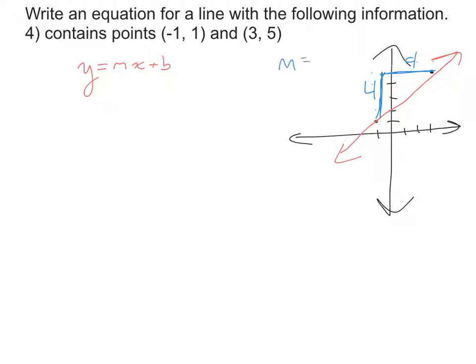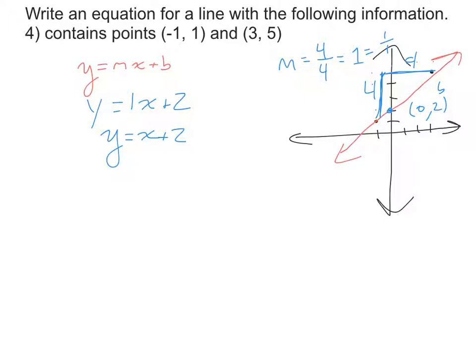So my slope has a rise of 4 and a run of 4, which is 1. Well, then if I go up 1 over 1 instead, because that's the same as 4 over 4, I can count up 1 over 1, and we're right there at (0, 2). And that's my b. So y is equal to, and I replace m with 1, times x plus b, which is 2, or simply y equals x plus 2.